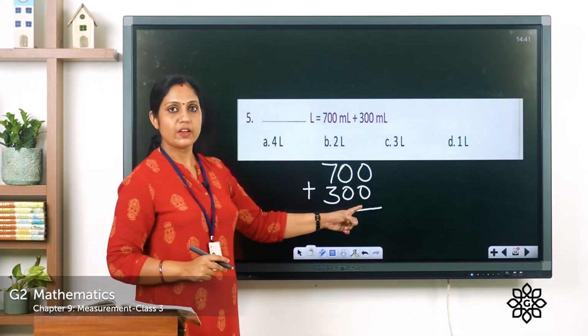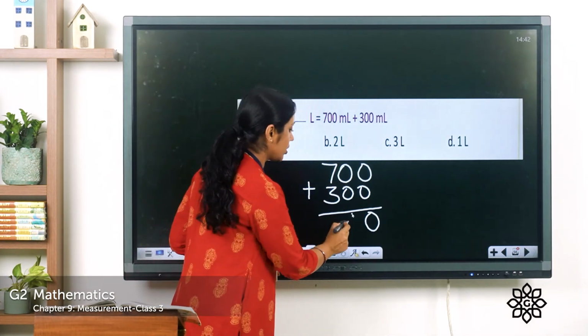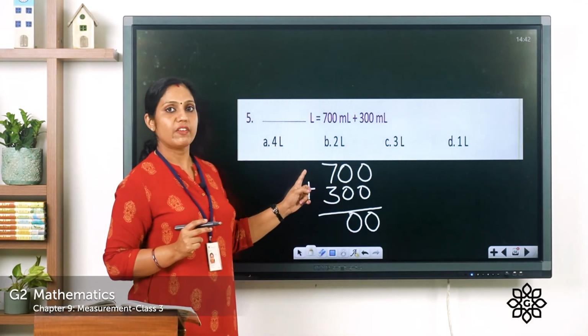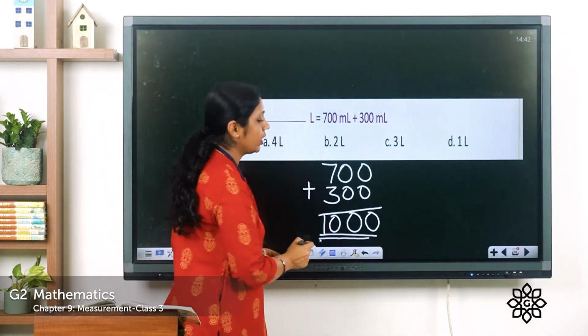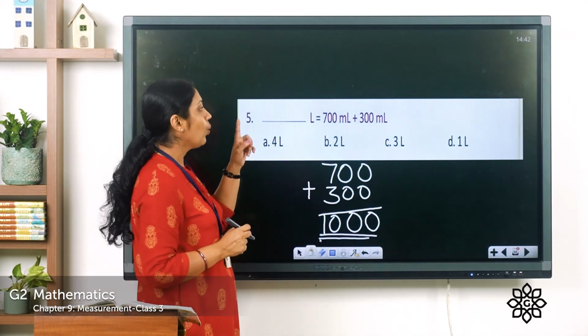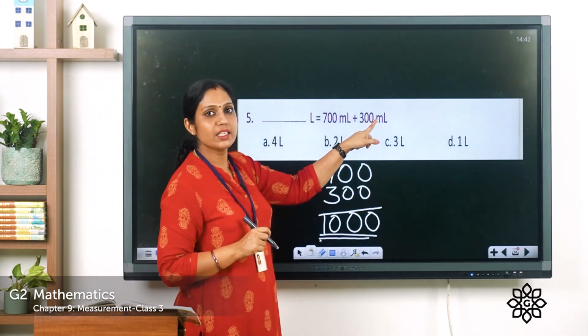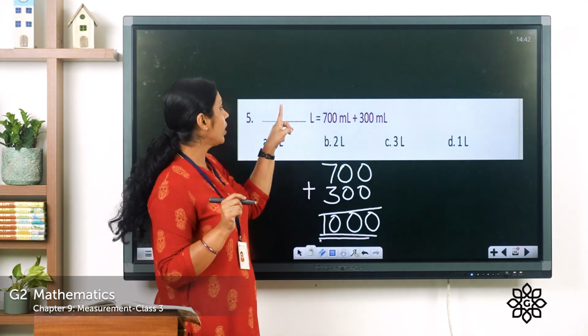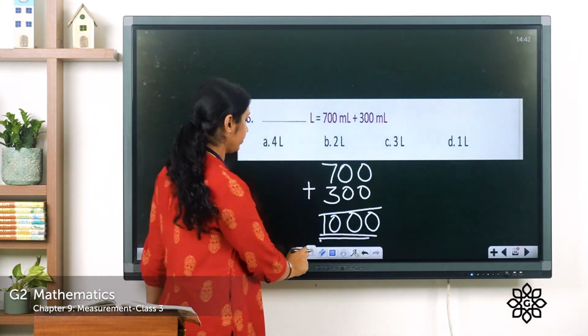In the ones place we have 0 plus 0, 0. Tens place 0 plus 0, 0. Hundreds place we have 7 plus 3 is 10. And what is the answer? We got 1000. We have learned that 1 liter is equal to 1000 ml. So 700 plus 300 is 1000 ml. So what we have to write here? It is the option D, 1 liter.